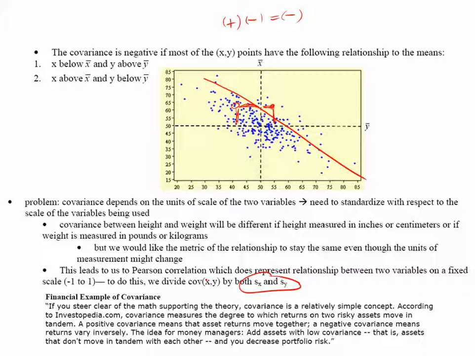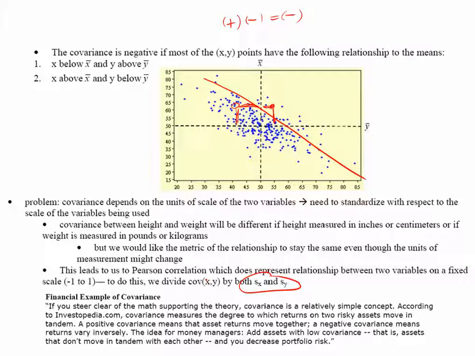Financial example here of covariance. If you steer clear of the math supporting the theory, covariance is relatively a simple concept. According to Investopedia that I commonly use in my finance classes, covariance measures the degree to which returns on two risky assets move in tandem, or they move together. If there's a positive covariance, or correlation coefficient, it means that the asset returns move together.